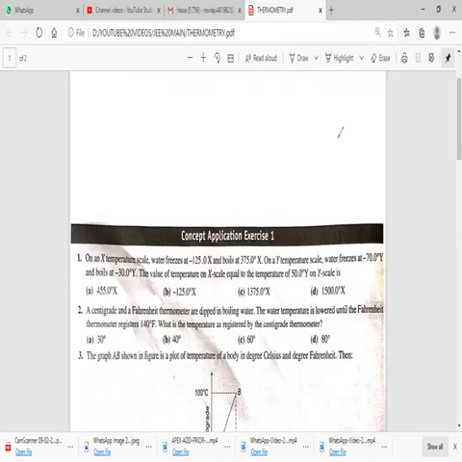What is the temperature as registered by the centigrade thermometer? It is a very simple question, and directly they are asking what is the equivalent temperature on the centigrade thermometer for 140 degree Fahrenheit. Okay, so we have a very general formula here.